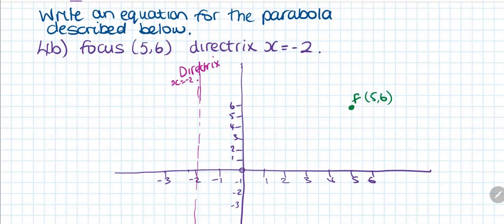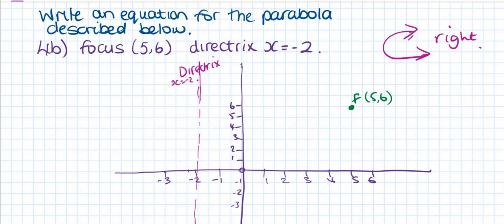So we know that the parabola needs to open away from the directrix and the focus is going to be inside. So we know that the shape is going to open to the right. Now we just need to find the vertex.